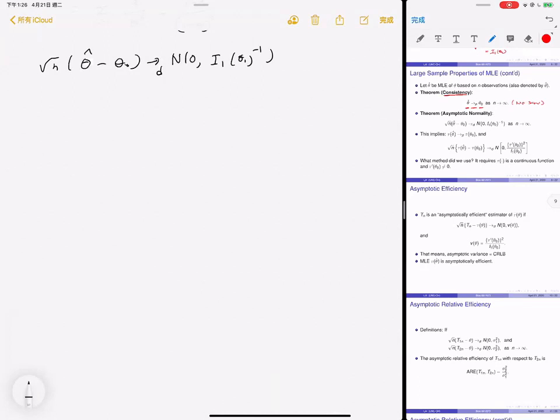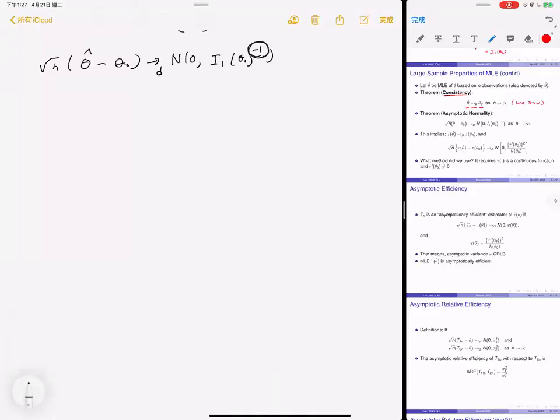Why is this actually an inverse in some sense? Statisticians call it information, or maybe computer scientists call it information, and that's for a reason, right? So imagine whenever you're having more information. What does that mean? You have a clear picture about theta 0, right?